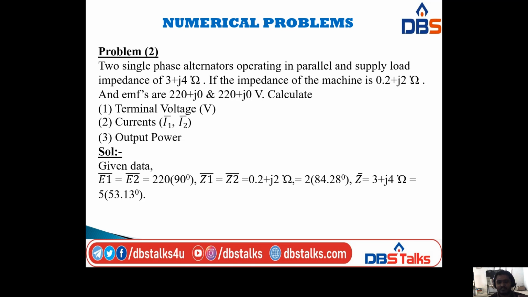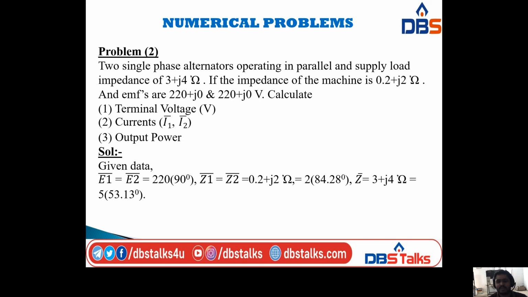Okay, firstly we have to note down the given data. In the problem they already gave EMFs, which are both equal, E1 bar is equal to E2 bar is equal to 220 plus J0. So please convert that into polar form. We have 220 at an angle of 90 degrees, and they already gave the impedances of the machine, Z1 and Z2, both equal, that is 0.2 plus J2.